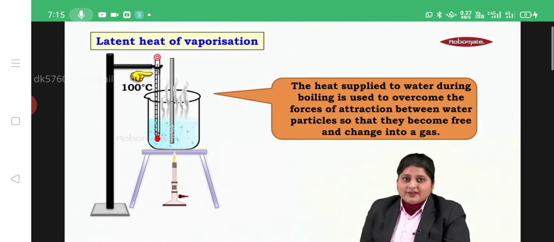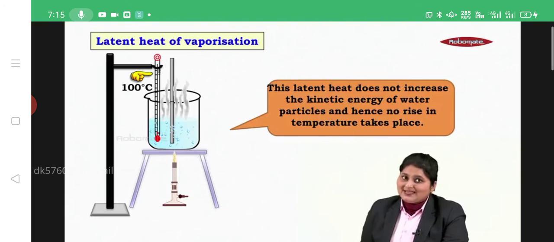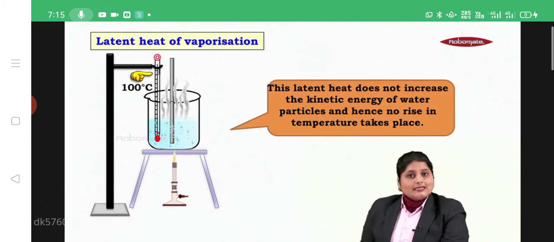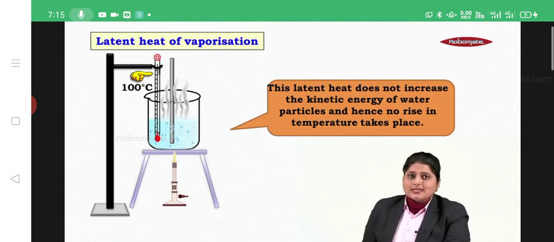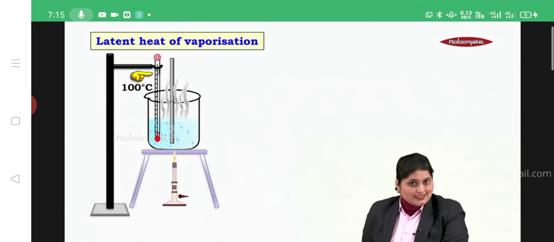And when they become free, they change into a gas. So we know the reason why this happens. This latent heat does not increase the kinetic energy of water particles, and hence no rise in temperature takes place.